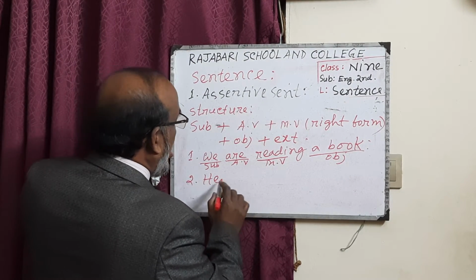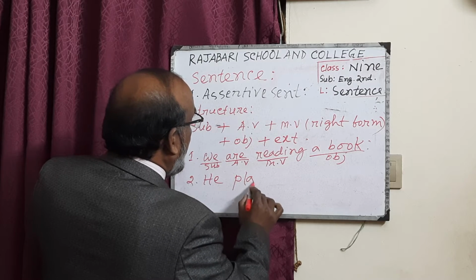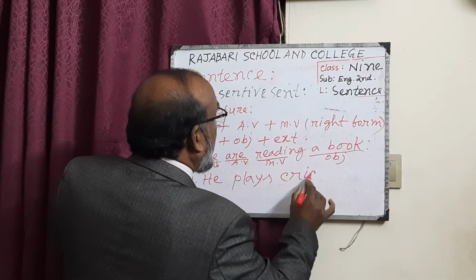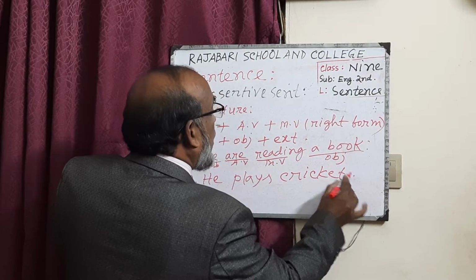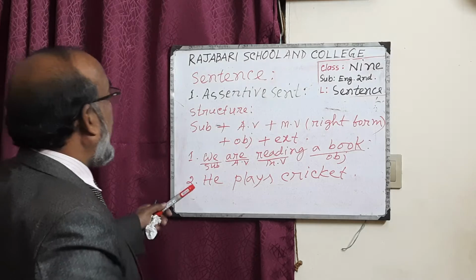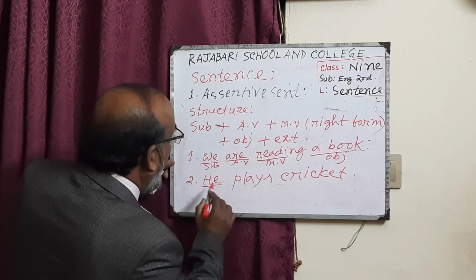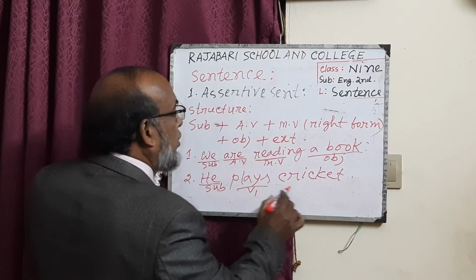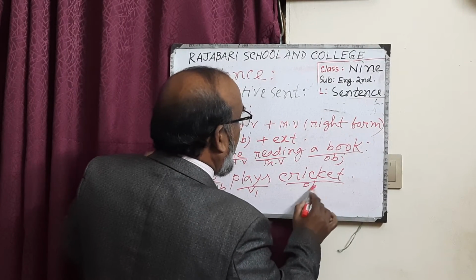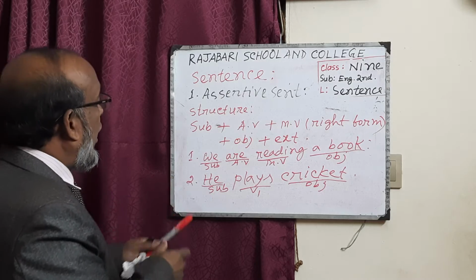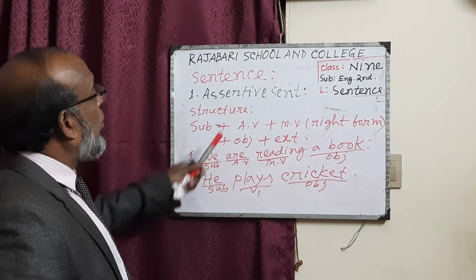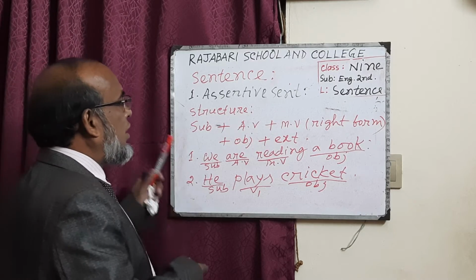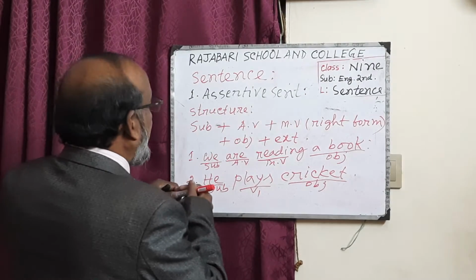He plays cricket. Here you can see a subject, he, plays, verb 1, and cricket, object. Here there is no auxiliary verb. You have to write the necessary verbs.